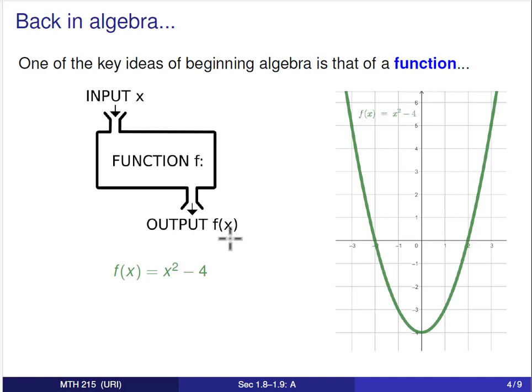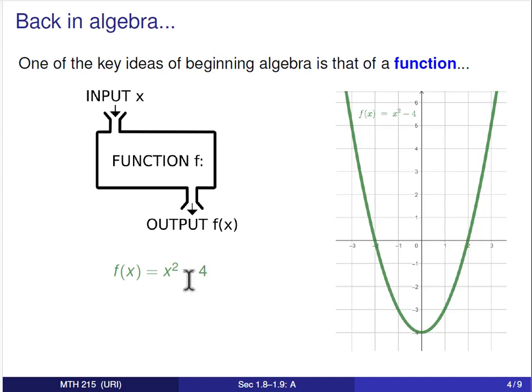Now, as you went on, you talked about functions given by equations. And so if you were to look at f of x equals x squared minus 4, what we would do is plug in an x for our input value, and the f of x would tell us the output value according to this formula.